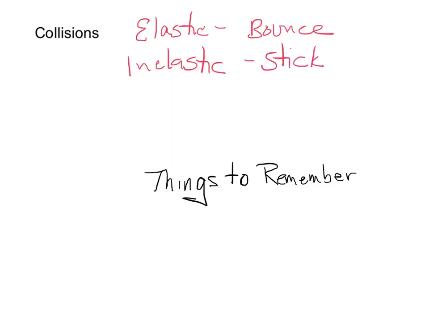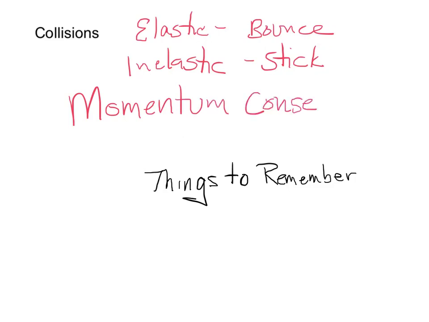Now, the most important thing for you to remember when we're talking about collisions is that momentum is one of the few values that is conserved. This means that the momentum before a collision is going to be exactly equal to the momentum after the collision, even if other things have changed.